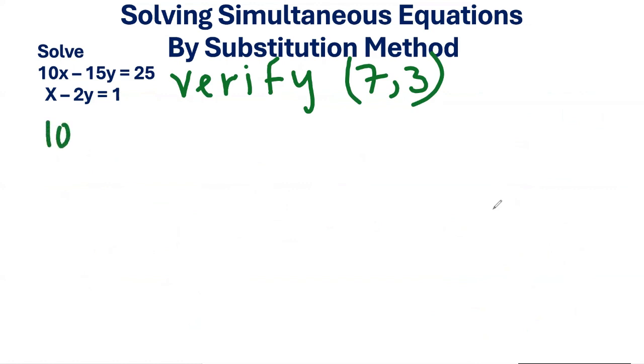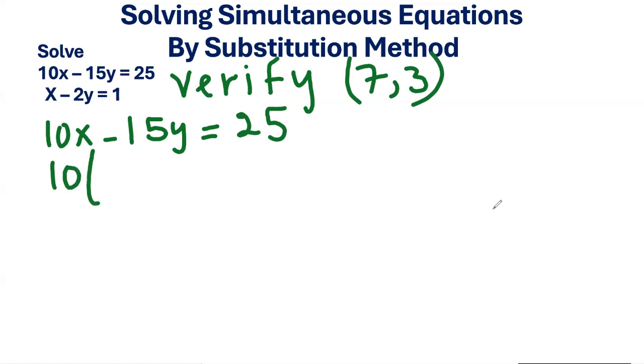Equation number 1 is 10x minus 15y is equal to 25. Substitute the value of x, which is 7. What is the value of y? It is 3. You should get 25.